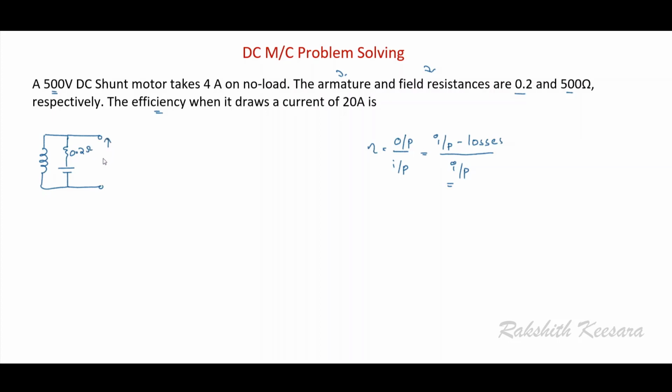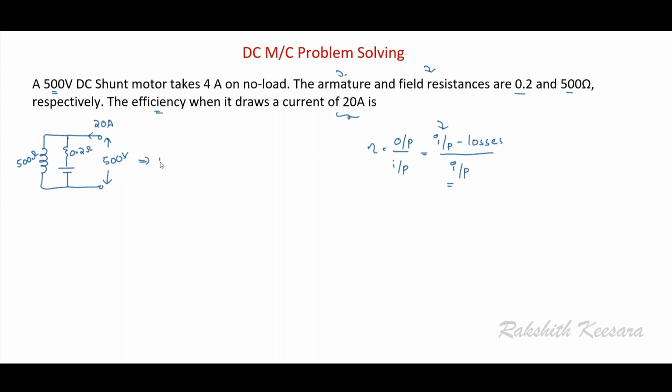And the input is 500 volt. And on full load, it is drawing a current of 20 ampere. Sorry, it is not on full load, just on some load. It is drawing a current of 20 ampere. And field winding resistance is 500 ohm. Right?